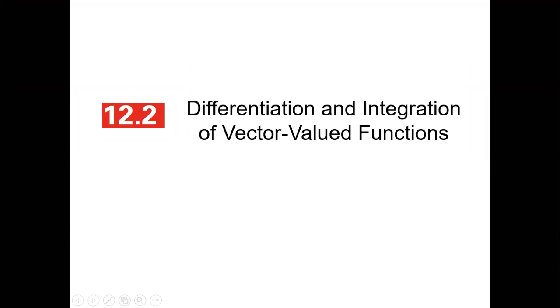We talked about vector valued functions last time. We introduced the concept of vector valued functions, and I hope I made it clear that this was just an extension of the line paradigm, yes? When we were dealing with a line, we had several forms of the line.